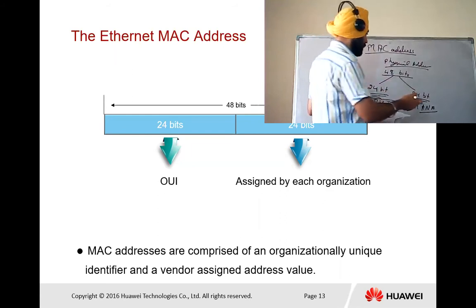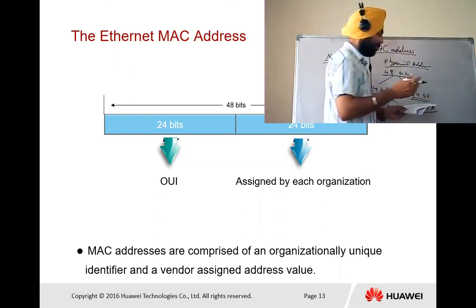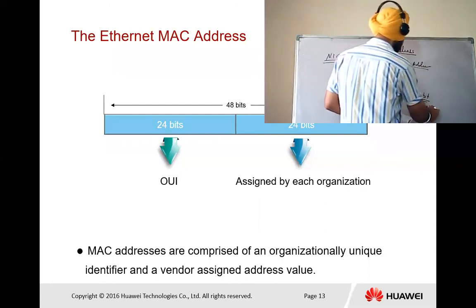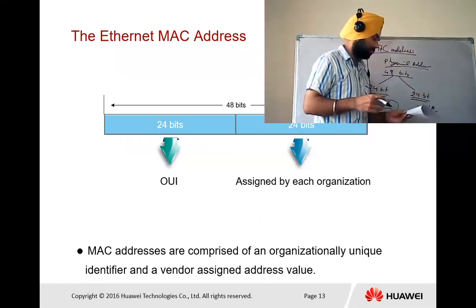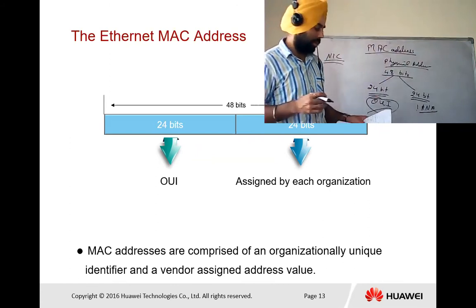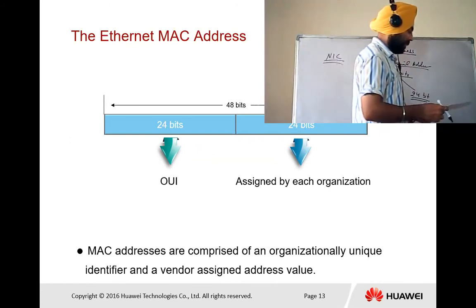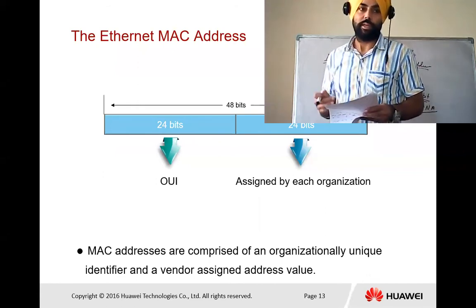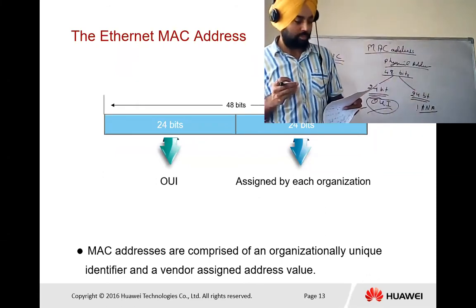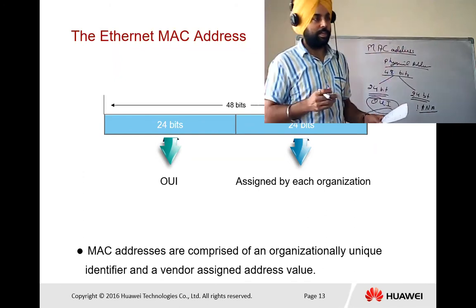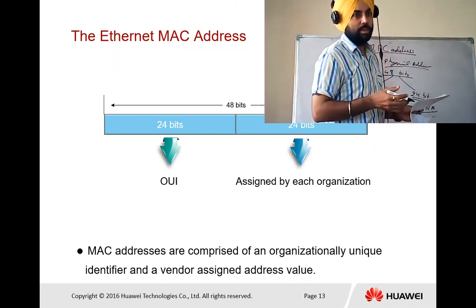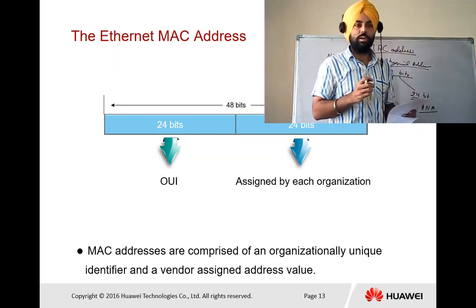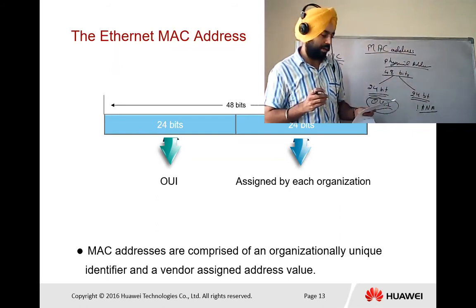The second part is IANA, the Internet Assigned Numbers Authority. In the case of Huawei, it has a fixed OUI number for Huawei products. In the case of Cisco, that slightly changes. OUI means vendor, which can change in the case of Cisco, but in the case of Huawei, there is only one vendor.